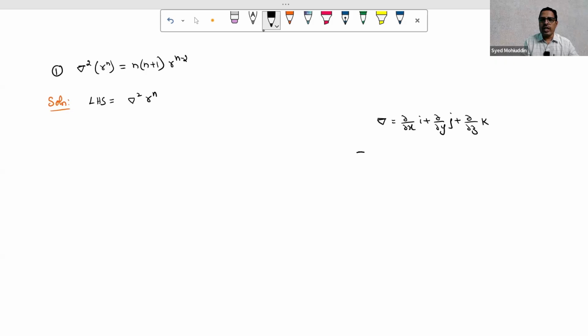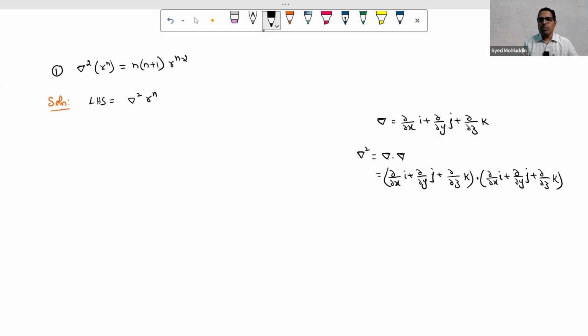Now del square can be written as del dot del, which is nothing but del represents dou by dou x of i plus dou by dou y of j plus dou by dou z of k, then the dot product with one more del, dou by dou x of i plus dou by dou y of j plus dou by dou z of k.